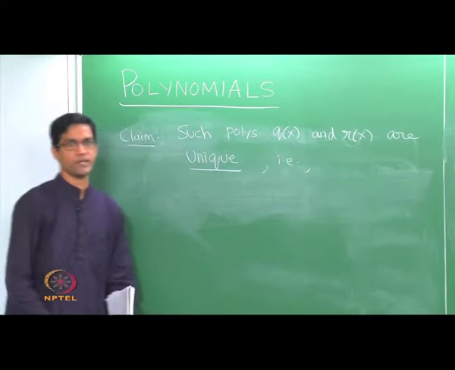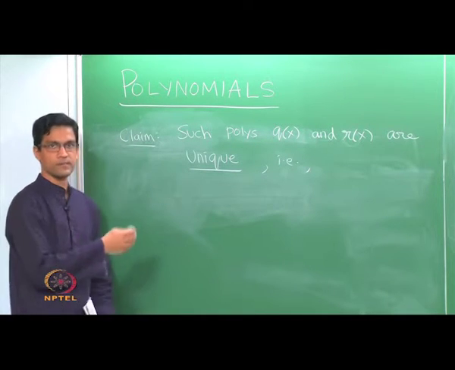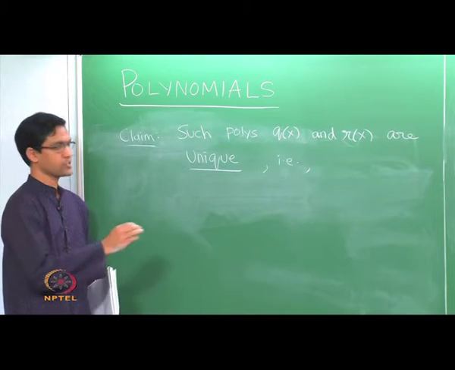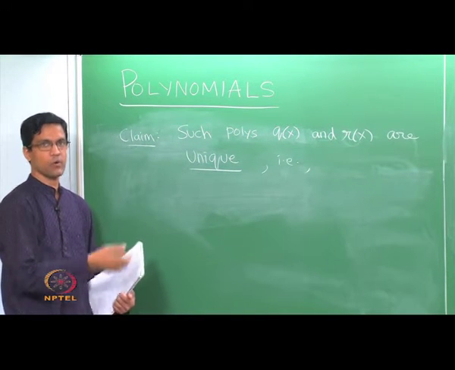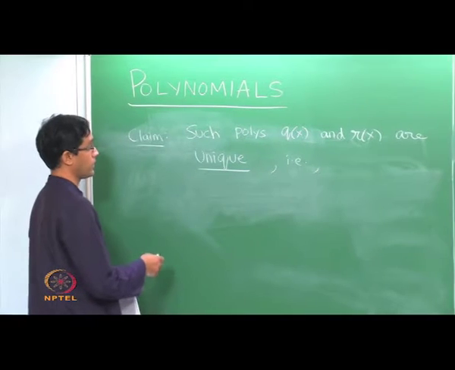So what does it mean to say that it is unique? If you find another pair of polynomials which has these two properties, then those polynomials will actually coincide with the polynomials q and r.